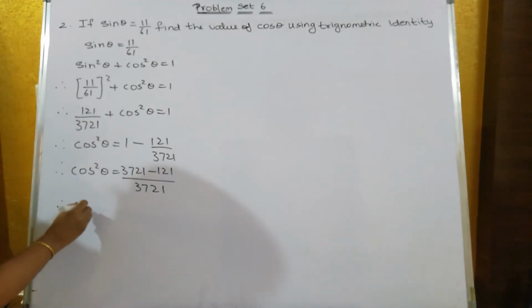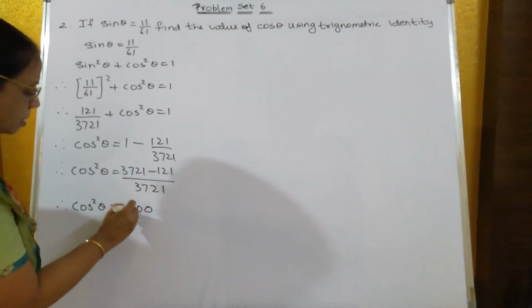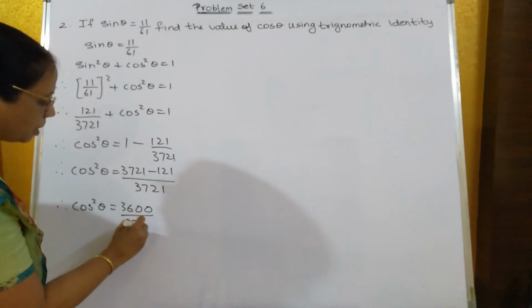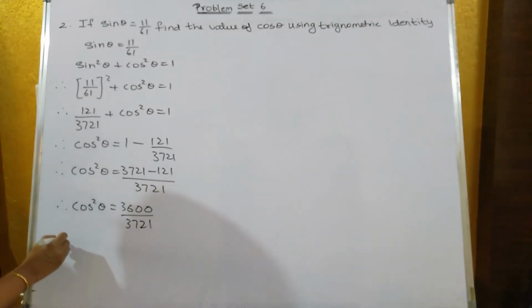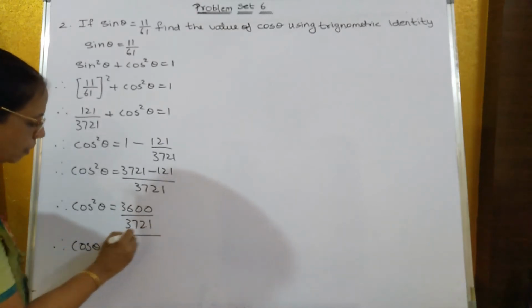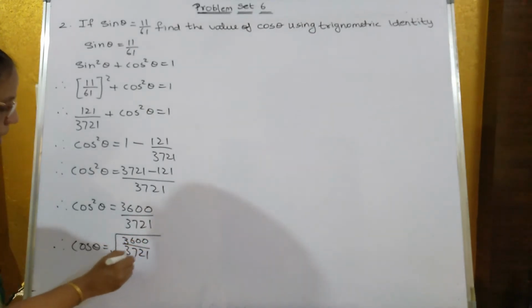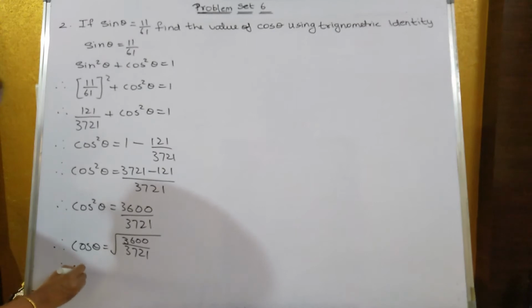Therefore cos square theta, when you subtract this, you will get 3600 upon 3721. Therefore cos theta will be equal to the root of 3600 upon 3721. Root of 3600 is 60 and the square root of 3721 is 61. So the value of cos theta is equal to 60 upon 61.